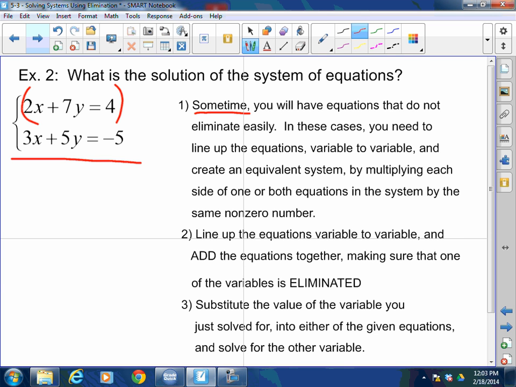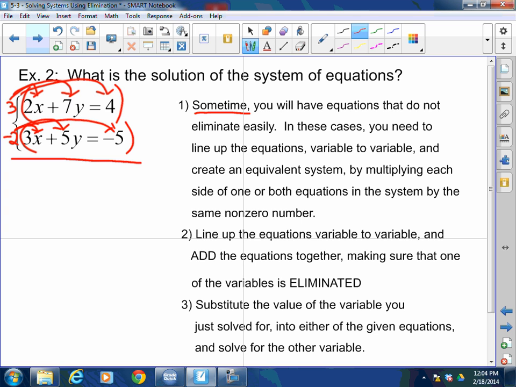So he wants to make this top one a 6x. So he's going to multiply by 3 to both sides. He wants to make this bottom one a negative 6x. So he's going to multiply the bottom by negative 2. You got to distribute this value to everything. Okay?